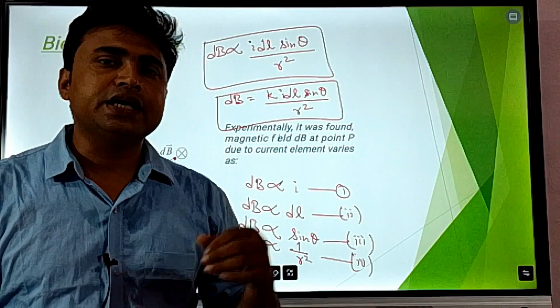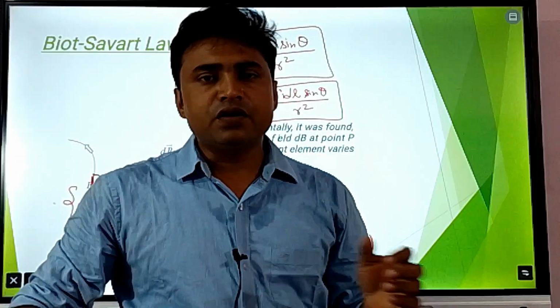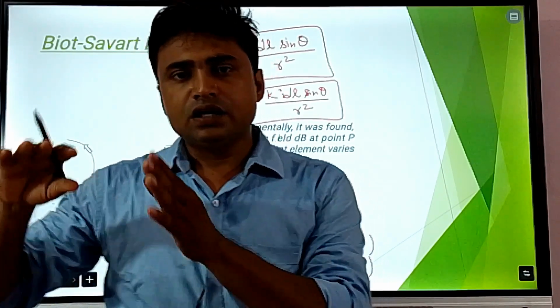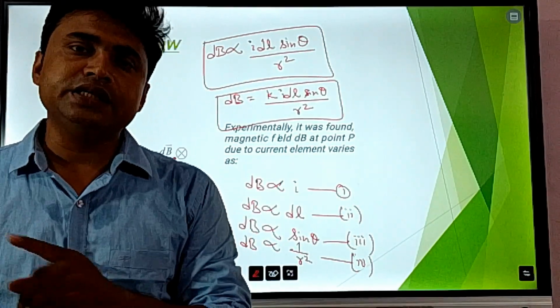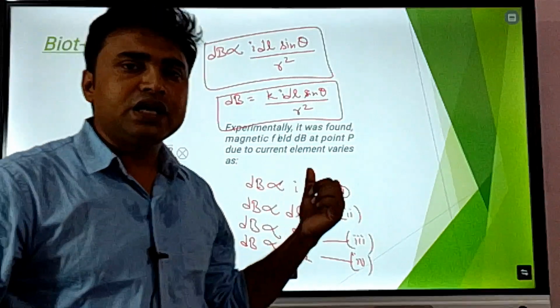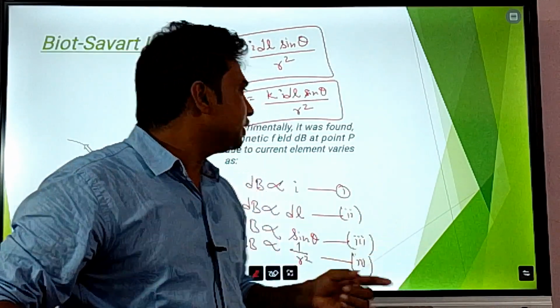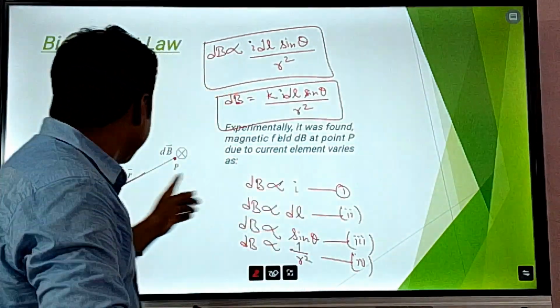If we select SI units, the value of K will be different, and if we select the CGS system, the value of K will be different. K also depends upon the medium between P and the dl.